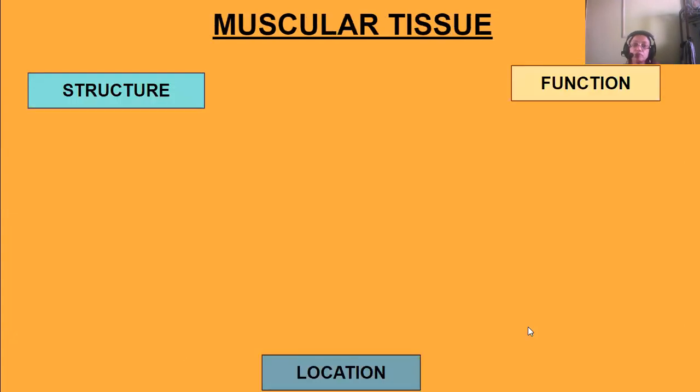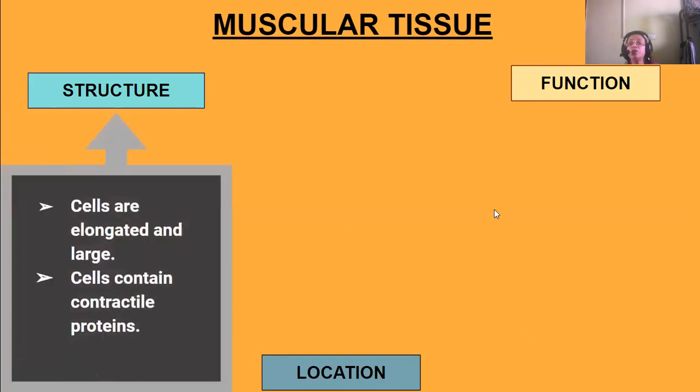Next, we are coming to the muscular tissue. By the name, we can understand these consist of muscle cells. Now, how do muscle cells look? The muscle cells are elongated and large, and they contain contractile proteins.